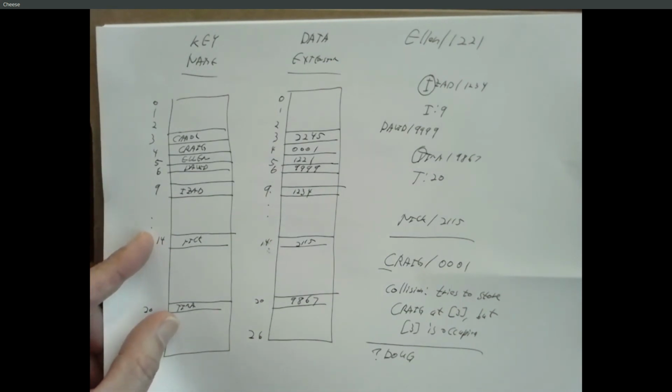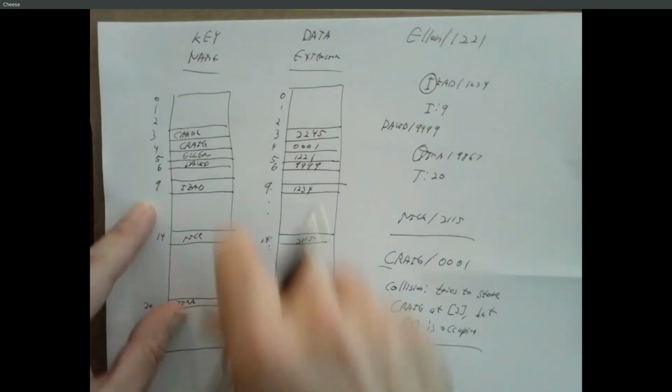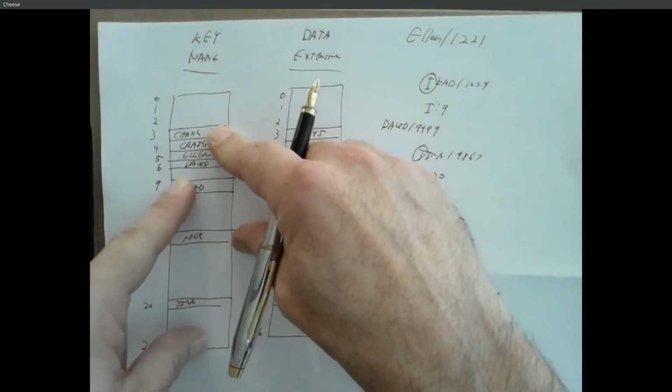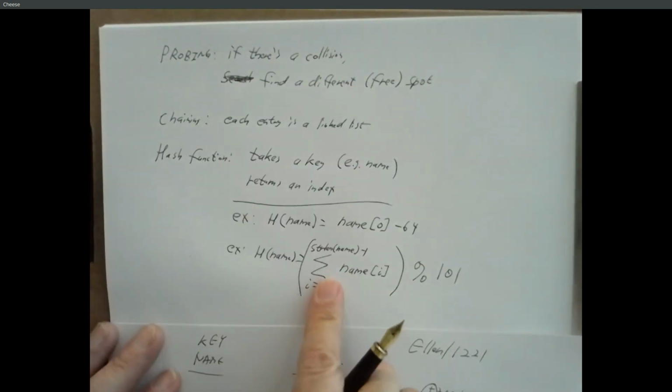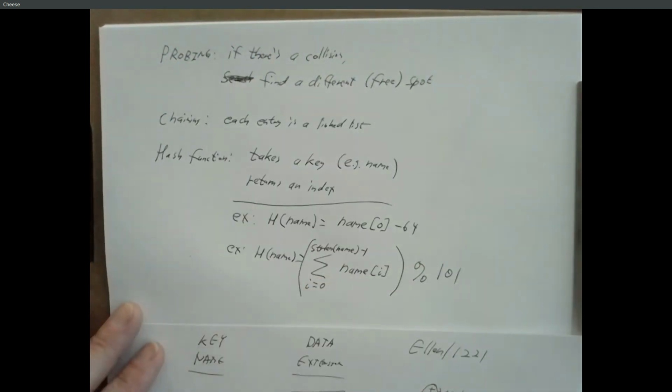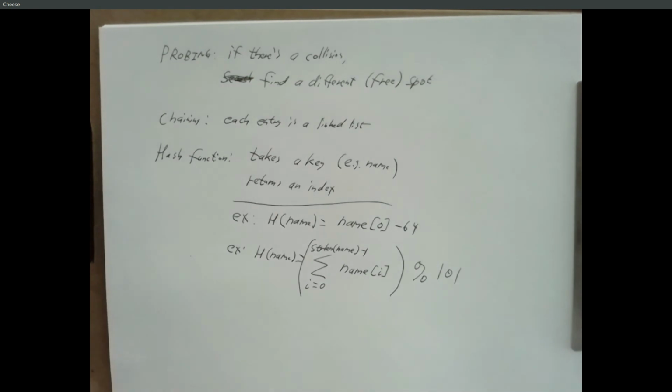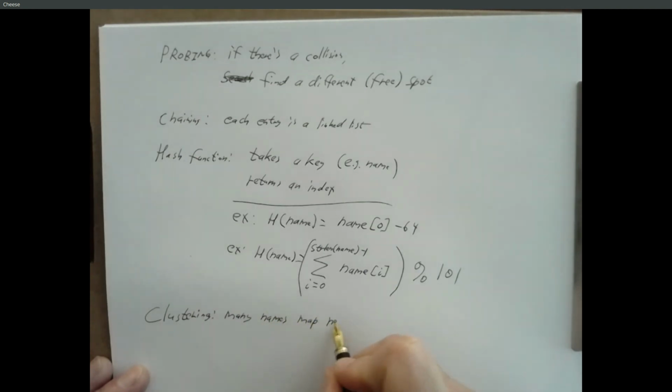So if we have 10 people whose first name starts with a C, this naive function would map them all to this location. And you get this big cluster. This function, depending on what the rest of their name is, will probably spread them out. So clustering is the effect when many names map near each other.